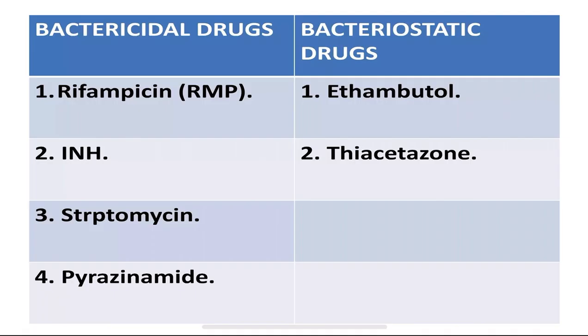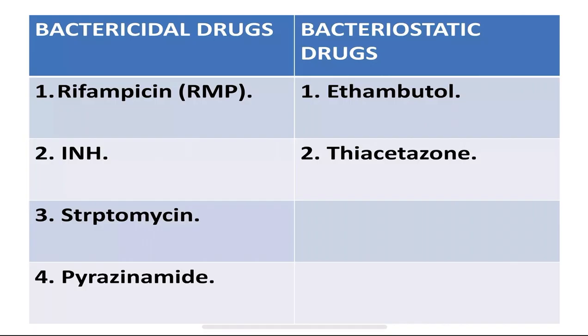Is it clear? Bactericidal will kill, bacteriostatic will prevent the multiplication, and further destruction will occur by the immune mechanism of the host. So what are the bactericidal drugs? We have rifampicin and isoniazid. INH stands for isonicotinic acid hydrazide, which is nothing but isoniazid, ranking among the most powerful drugs in the treatment of TB.